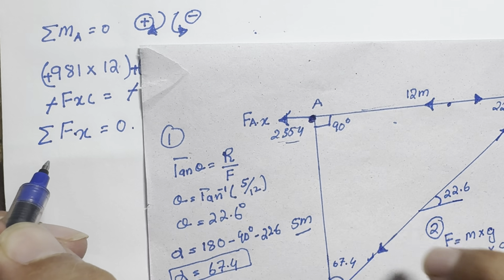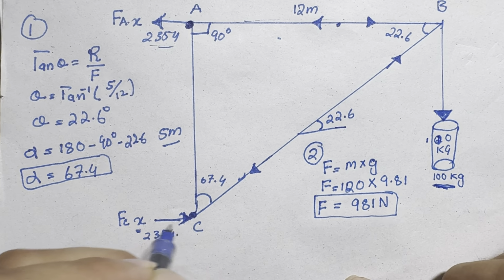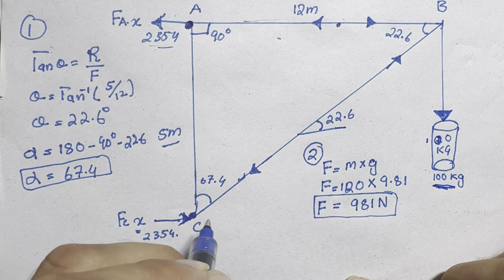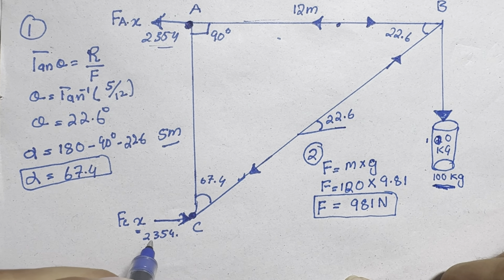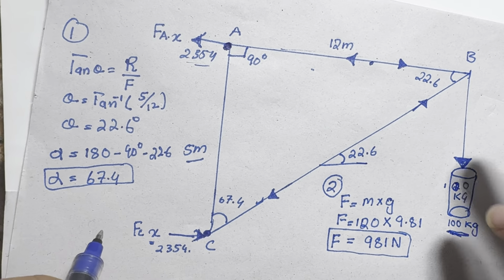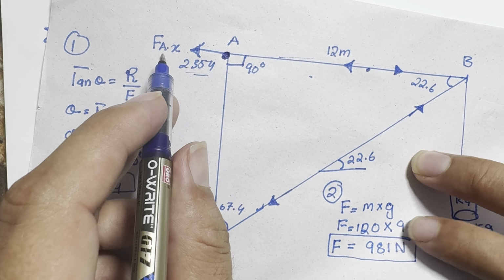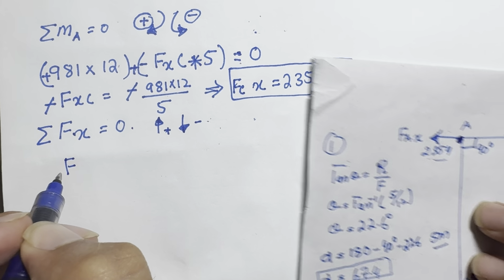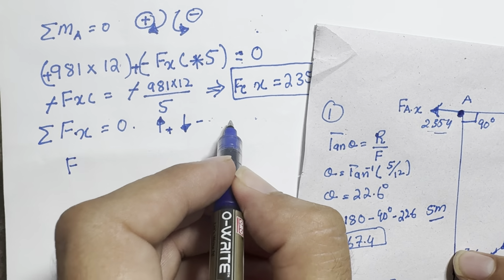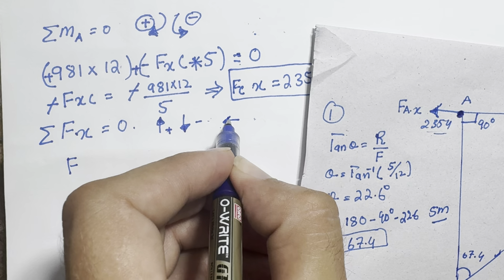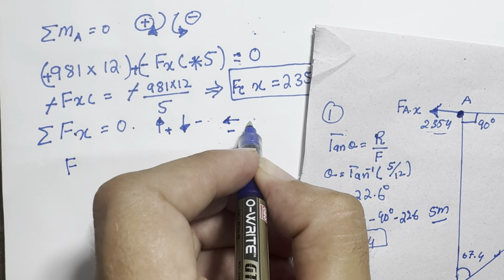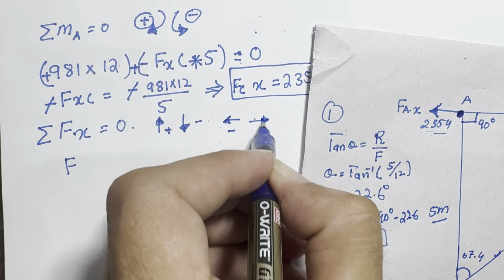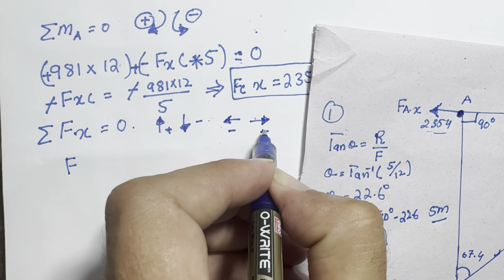There is only one force directed horizontally, which is 2354, and the other force is FAX. If the force is directed toward the left, I take it negative; toward the right, positive.